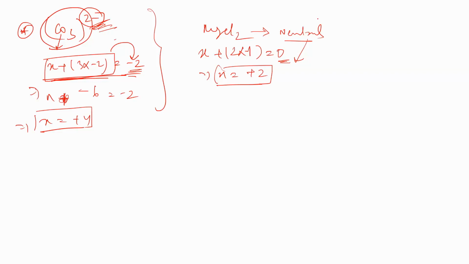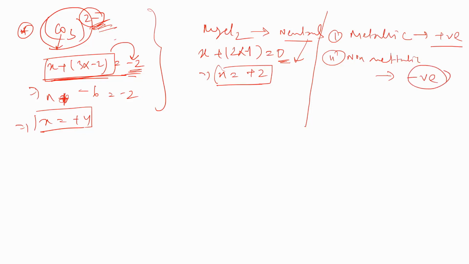And there is a general rule: a metallic element will have a positive oxidation number, and a non-metallic element will have a negative or a positive one, because that depends on the structure.